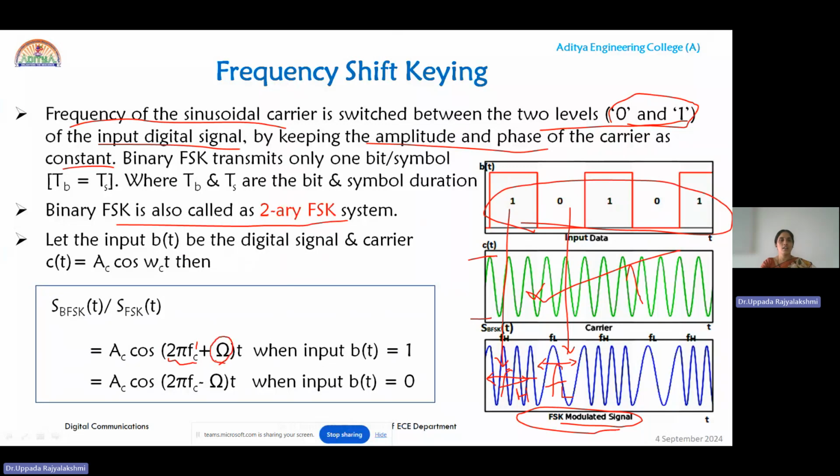That is, there is an increase in the carrier frequency by some capital omega multiplied by t when the data bit is 1. Similarly, the FSK signal is defined as AC cos 2 pi FC minus omega t. There is a decrease in the frequency when the input data bit is 0. So like that, you can define the FSK signal.